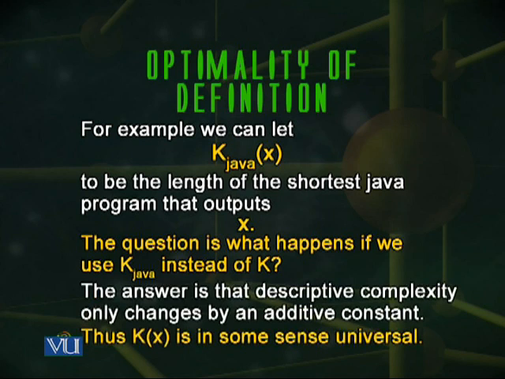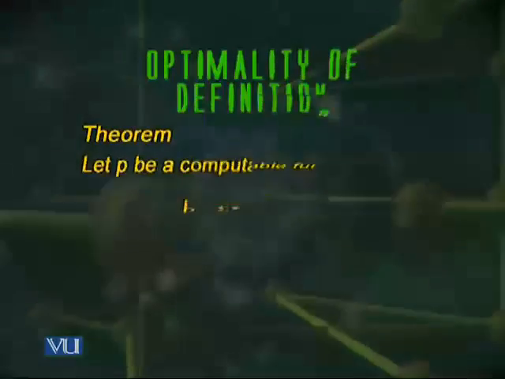So, in some sense, the K that we have defined is universal. The notion of our descriptive complexity is universal. What we will do is we'll prove a much more general theorem that would not just talk about K_Java, but it would talk about any computable procedure.